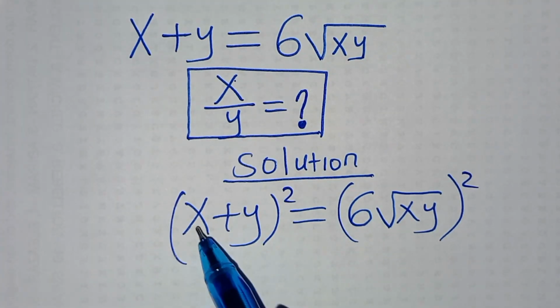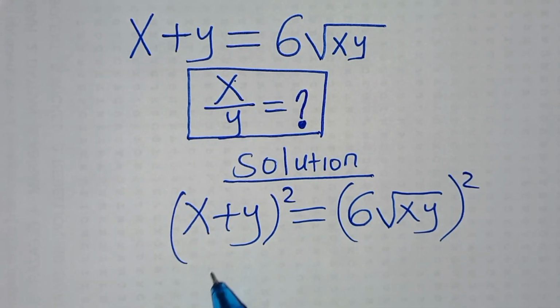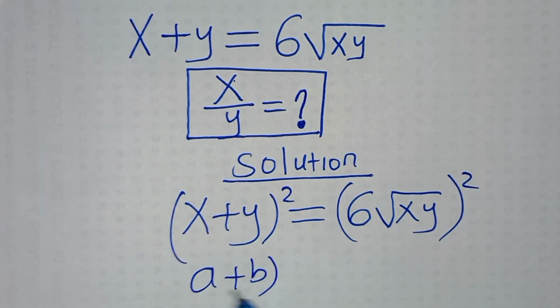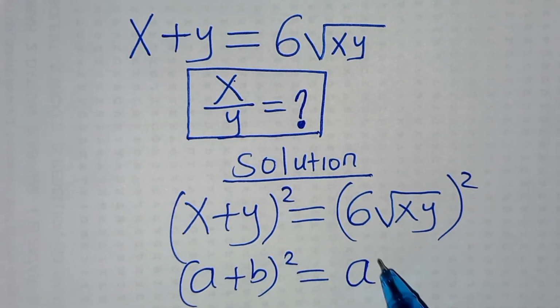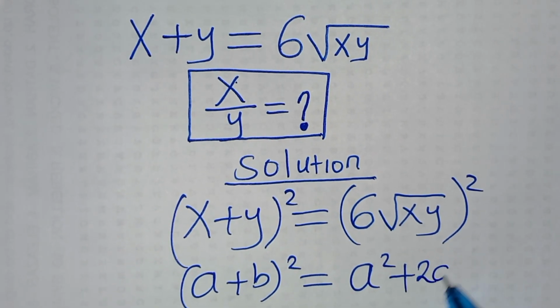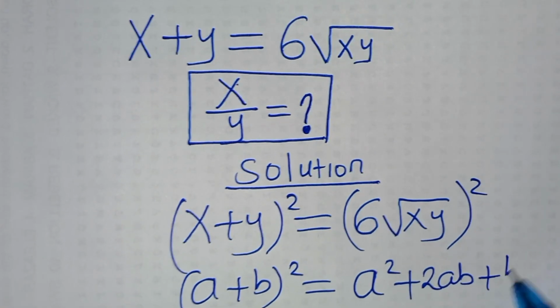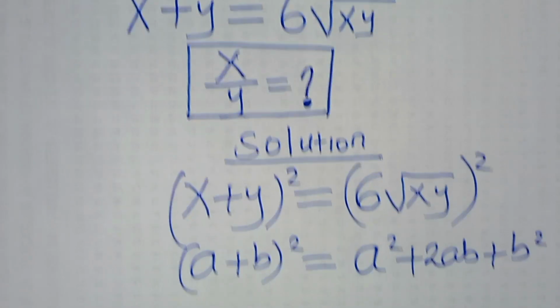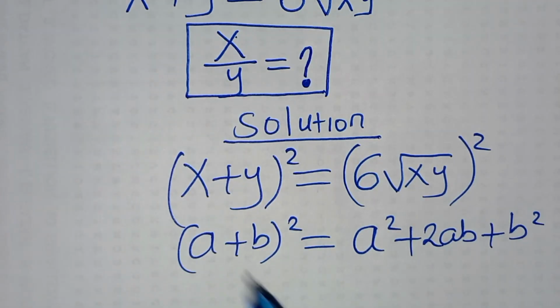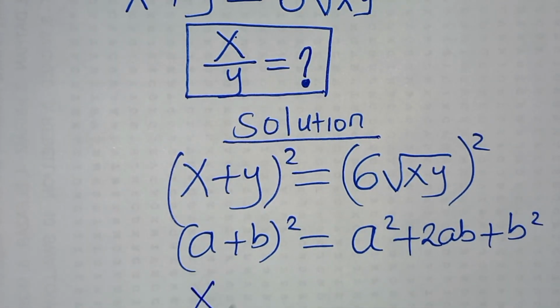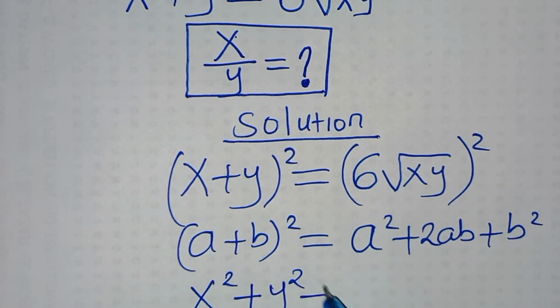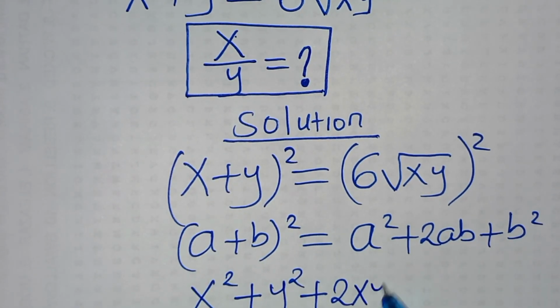So (x plus y) squared is in the form (a plus b) squared, which can be expressed as a squared plus 2ab plus b squared. Applying this algebraic identity, we have x squared plus y squared plus 2xy.